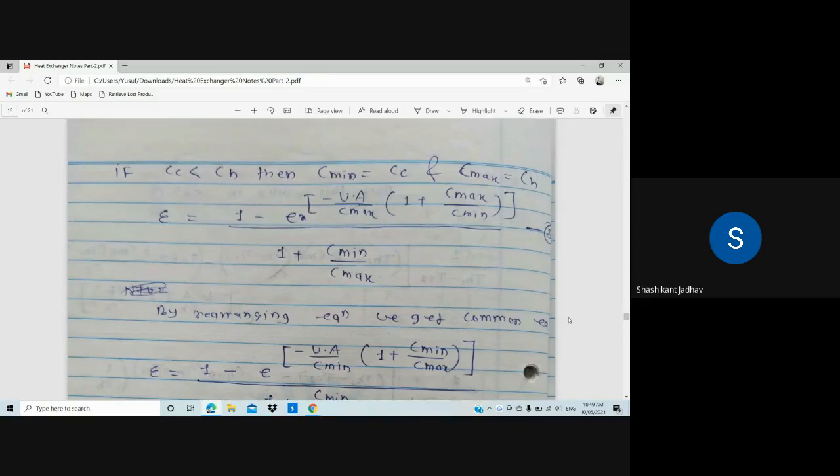Okay, so all of you write down. If CC is less than CH, then C minimum is equal to CC and C max is equal to CH.